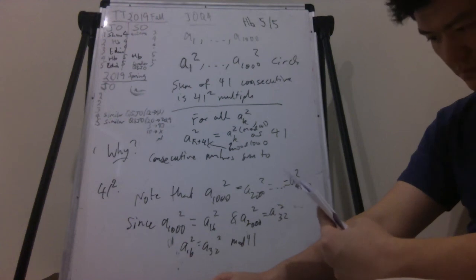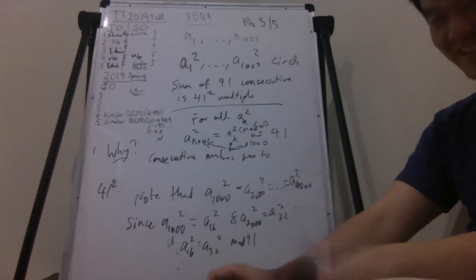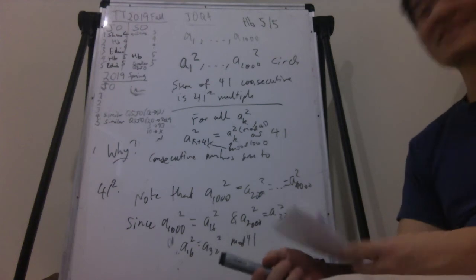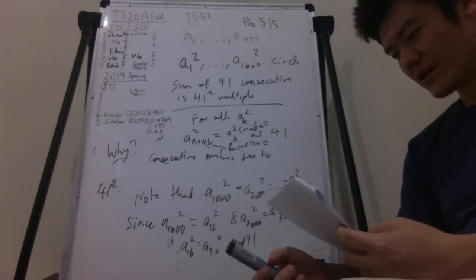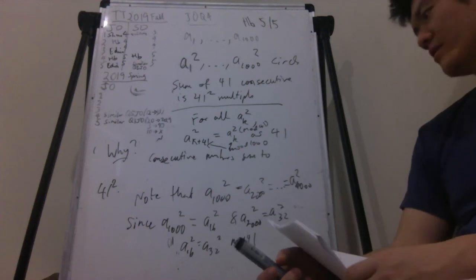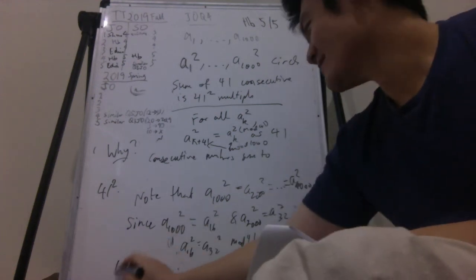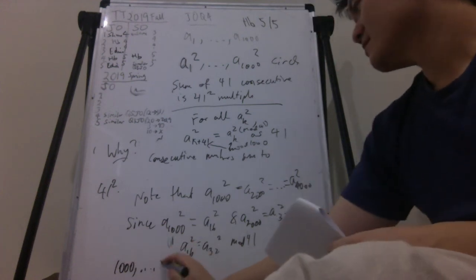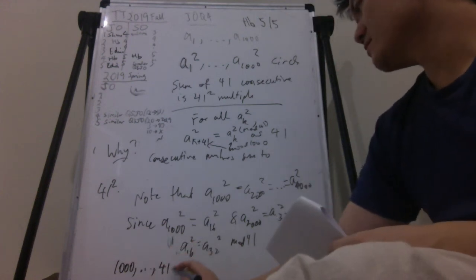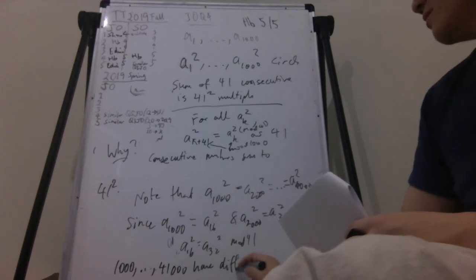Okay. By inspection. By inspection, 1000, 2000, all the way up to 41,000 have different remainders mod 41.